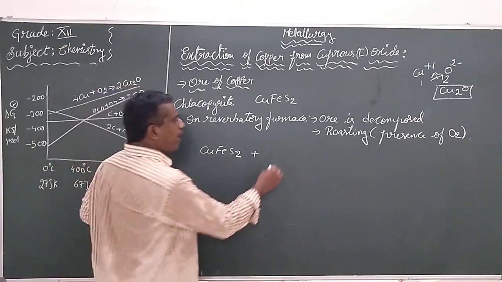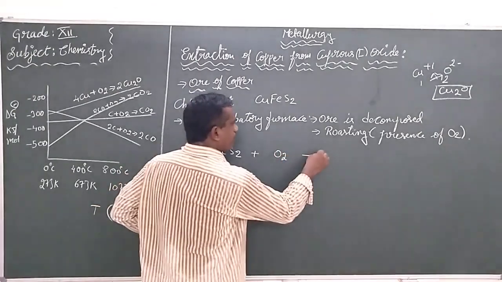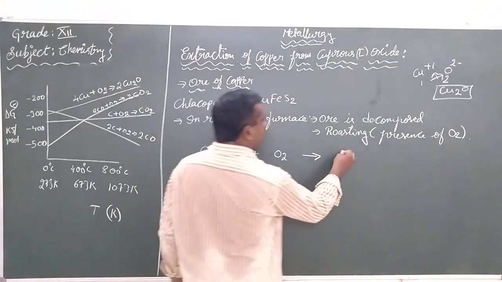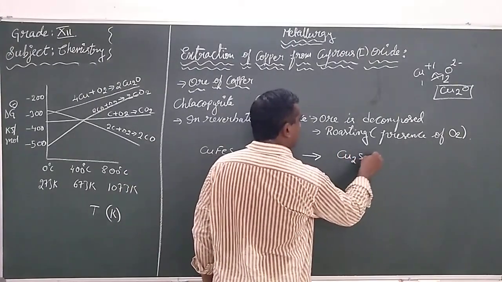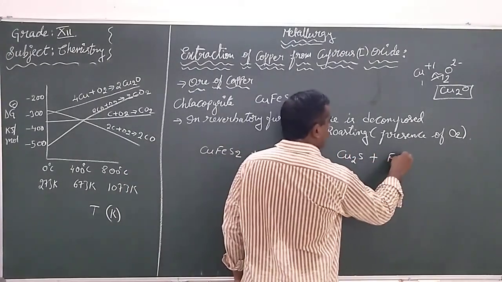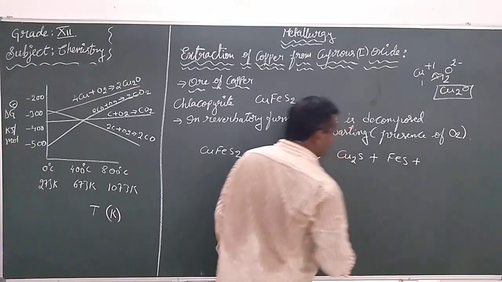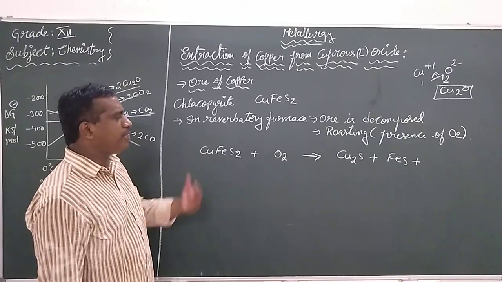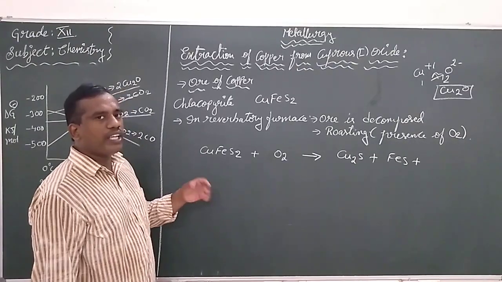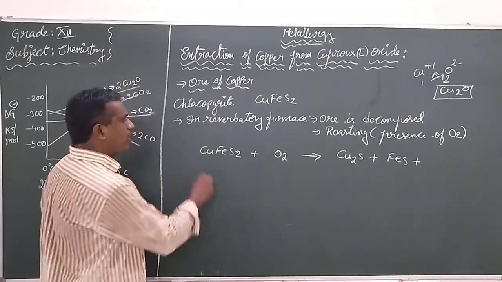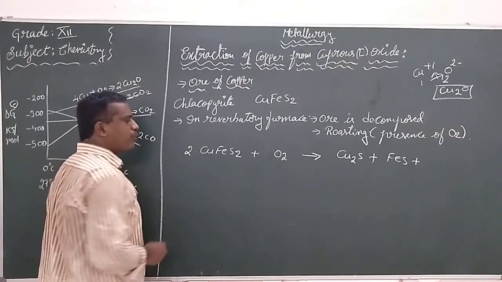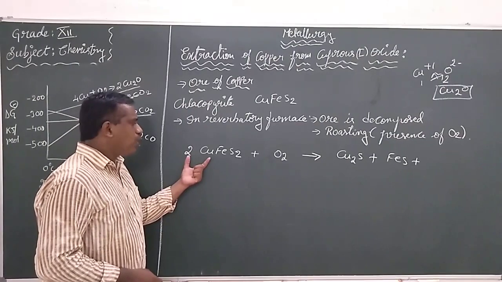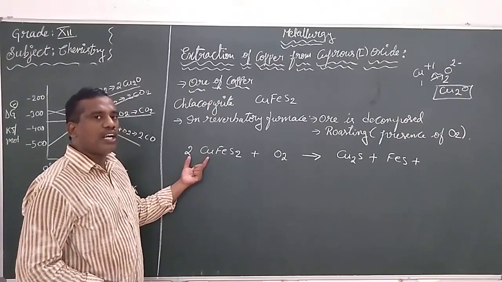CuFeS2 upon heating with oxygen decomposes to form Cu2S plus FeS and also one byproduct. We can observe what the byproduct is after balancing the reaction. We are using 2 moles to balance the products. How many coppers do you find here? 2 coppers.